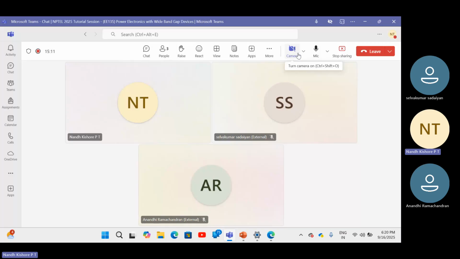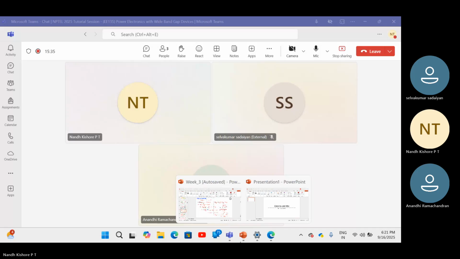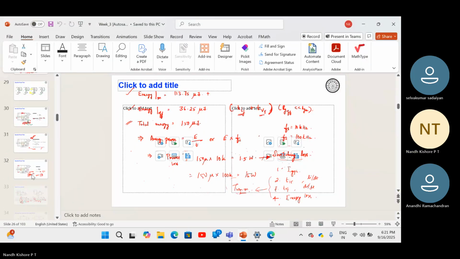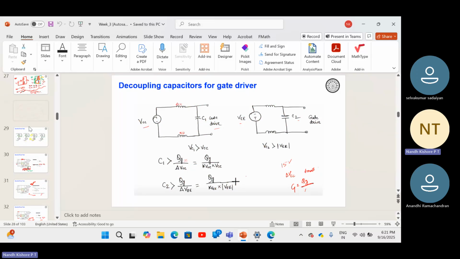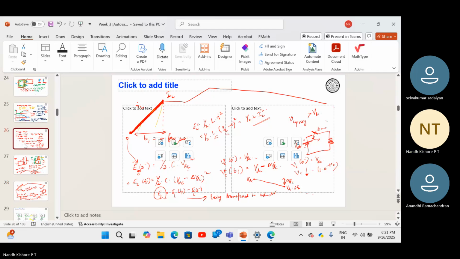I think part of heat sink design was covered in the lecture slides also. But as we go through the problems, it would be clearer. So let me go back to the slides and take a new slide.